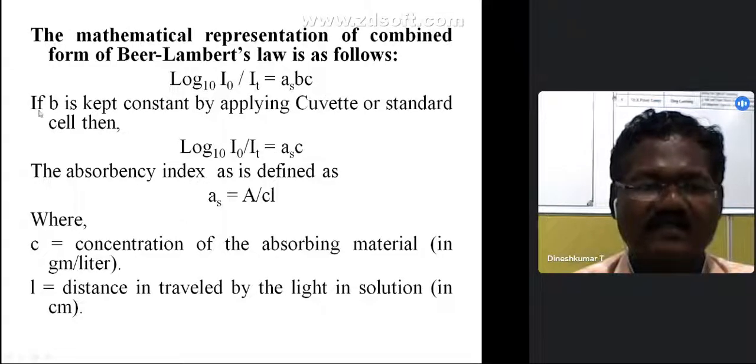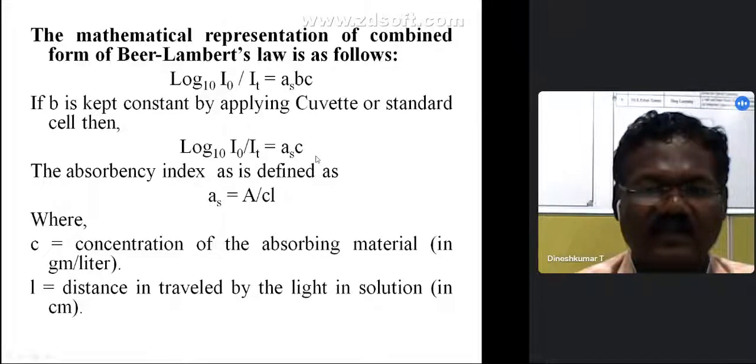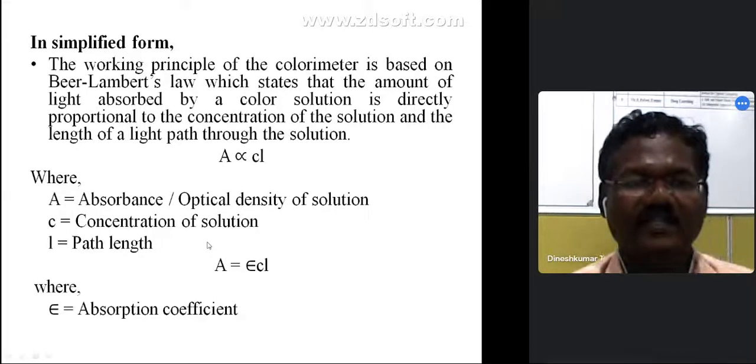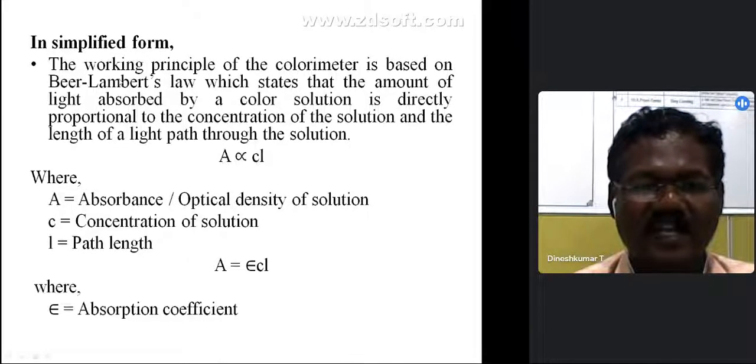If B is kept constant by using a covered or standard cell, then the formula changes to log10 I naught by IT equal to AS into C. The absorbency index AS is defined as A divided by CL, where C is the concentration of absorbing material in gram per liter and L is the distance traveled by the light in solution in centimeter. This is the simplified form of the Beer and Lambert law.